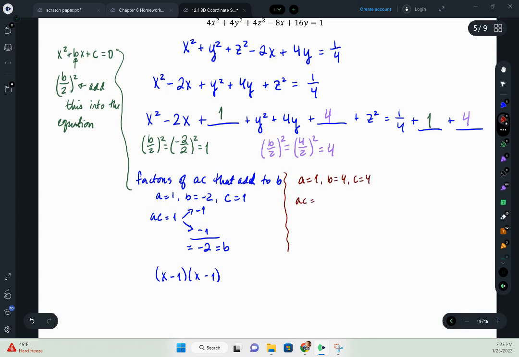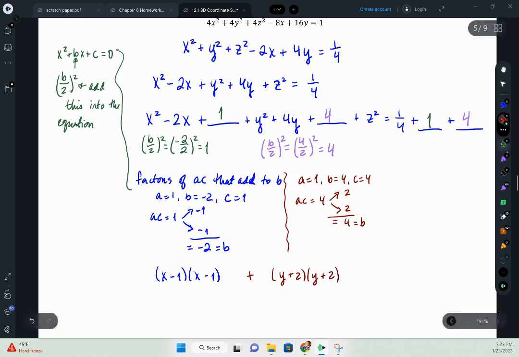So A times C is 4. The factors of positive 4 that add up to 4 should both be positive so that they multiply to be positive and add to be positive. They should be 2 and 2. If I add these, that's equal to 4, which is B. Perfect. That means I'm going to factor this to be y plus 2 times y plus 2.